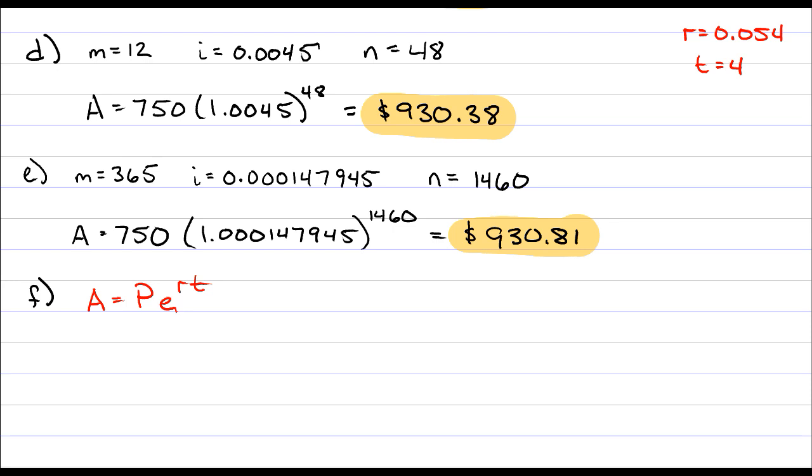Now, when we work with continuous compound interest, we are not assuming that interest is calculated or compounded every day, every minute, or every second. Under continuous compound interest, we assume that the size of your account is constantly growing. It's not very common that financial institutions actually use continuous compound interest.